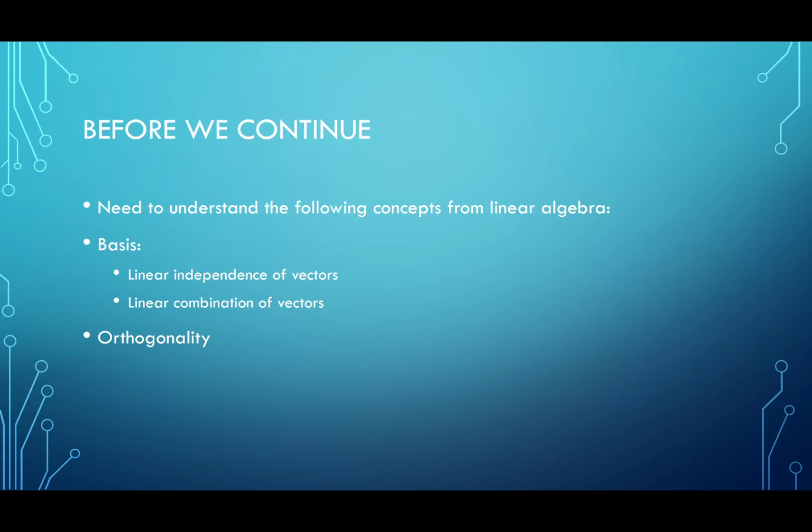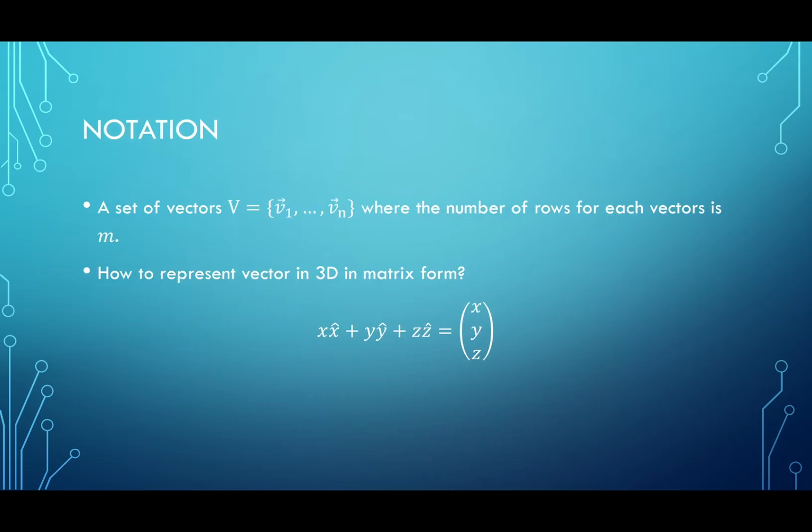And also, after we discuss the basis, we will discuss orthogonality, which tells you the importance of why we need to use dot products. Okay. So before we move on to the formal definition, actually it's not that formal, but anyway, we just need to have some convention first.